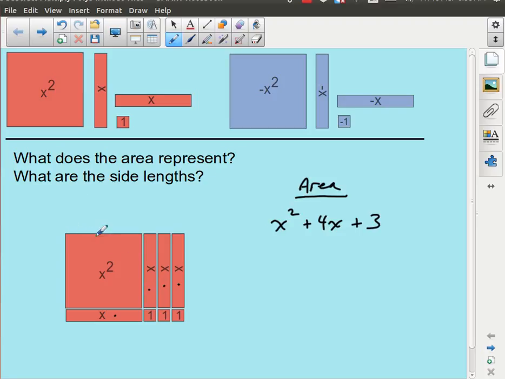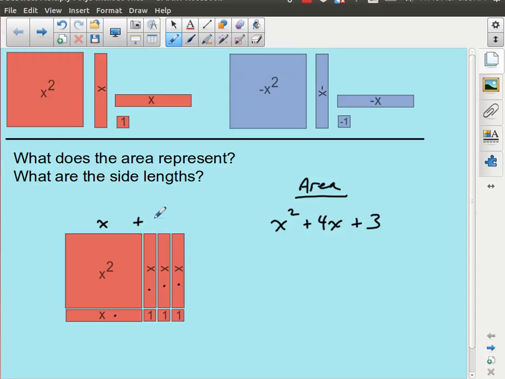The way you use algebra tiles for the sides is a long side represents an x, and a short side represents the number 1. In this case, this represents positive x, and a positive 1, a positive 1, a positive 1. So all of those together represent positive 3.